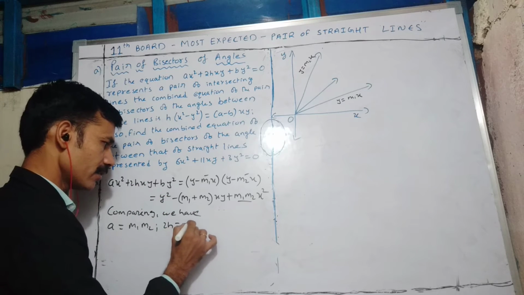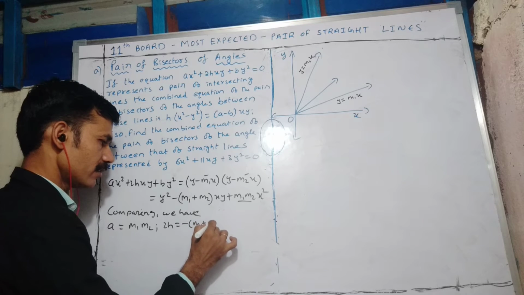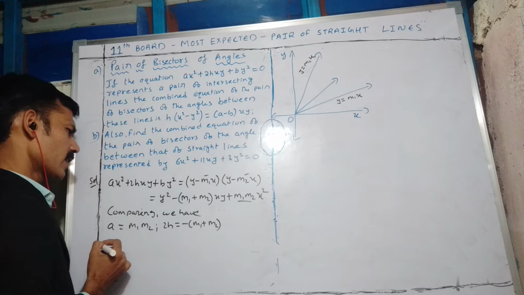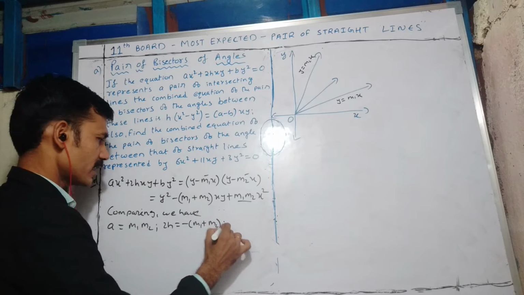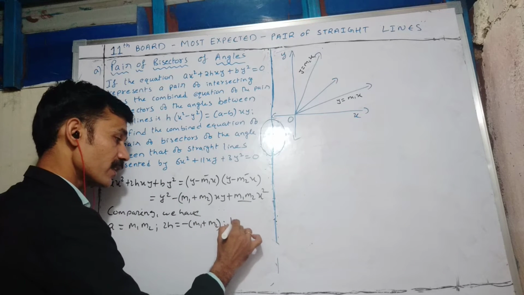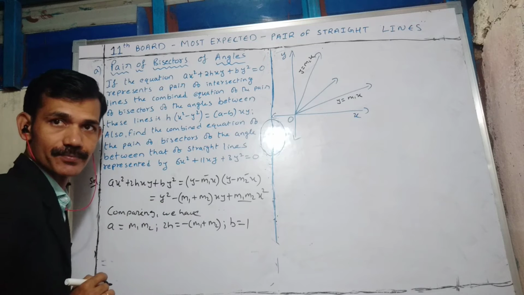Here we are having minus m1 plus m2. Next, what should we have? The y square coefficient. Here we are having b. Here we are having unity.